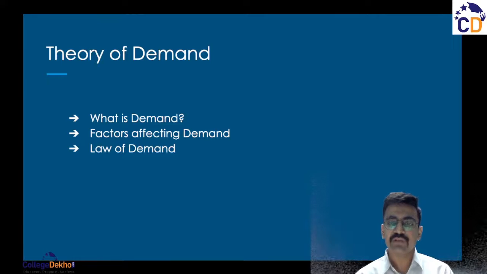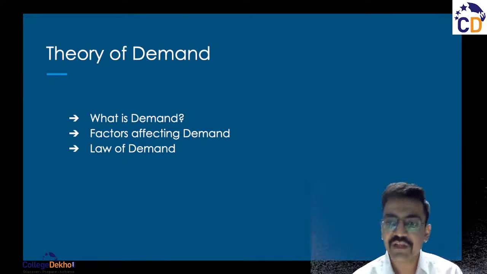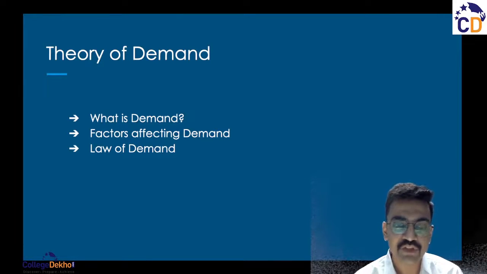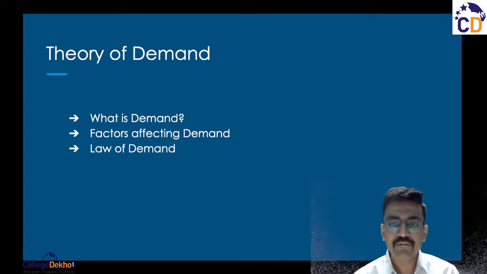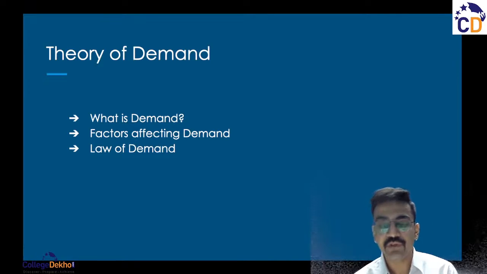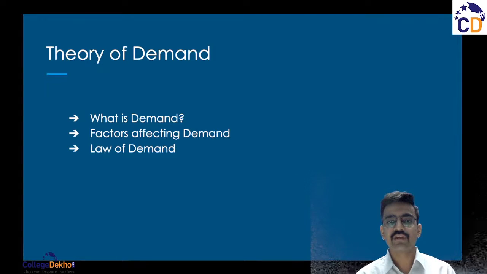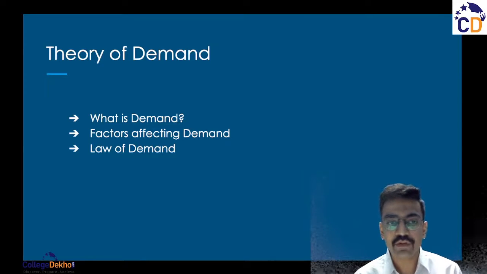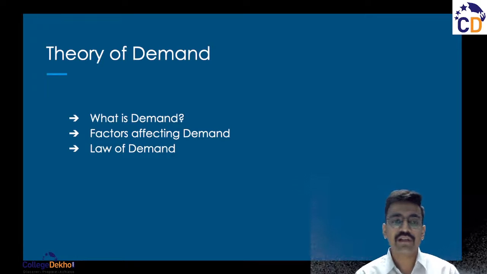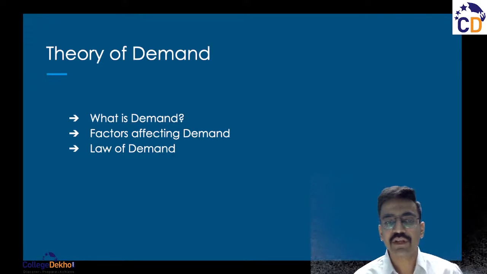So the law of demand states that there is a definite inverse relationship between the price of the good and the quantity demanded of that good, which means basically that if the price of the good is going up, then the demand of that product should go down, and if the price of the commodity is going down, then the demand of that commodity should go up.